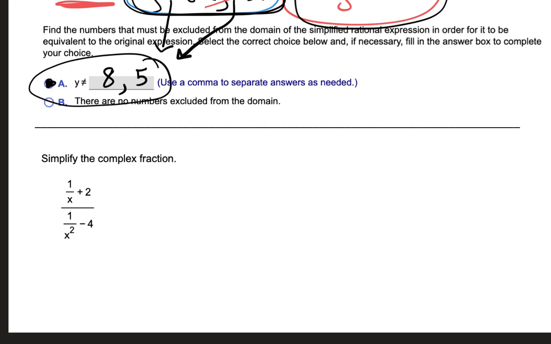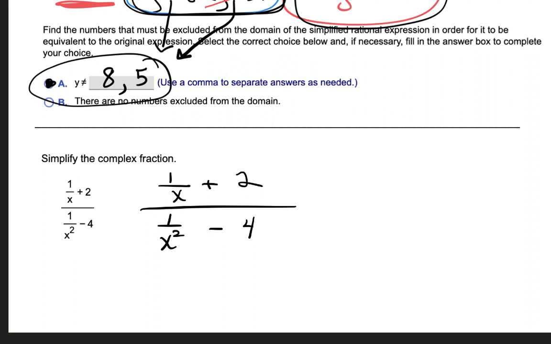I'm going to recopy this so it'll be a bit bigger for me to work. You're welcome to take the original problem, combine the numerator into one fraction and the denominator into one fraction, and then divide. But the shortcut method says this.